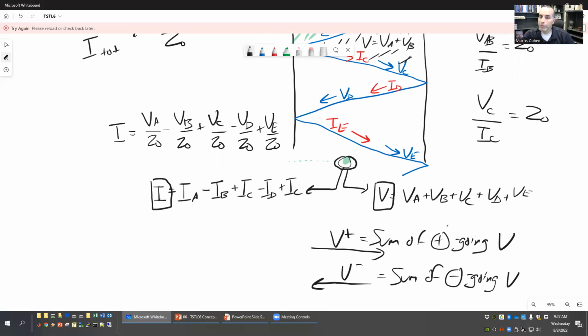And for each one, V positive and V negative, we can guarantee that V positive over I positive equals Z0. And we can guarantee that V negative over I negative equals Z0. So individually for the waves that are resulting, we have this transmission line impedance obeyed, but the sum total of the two is not necessarily obeyed.